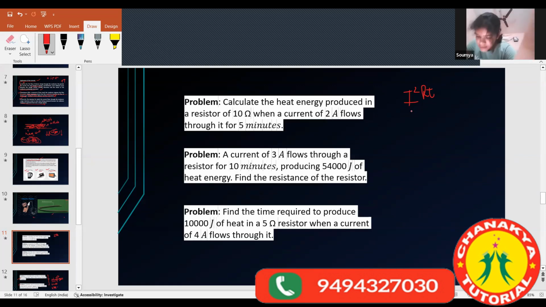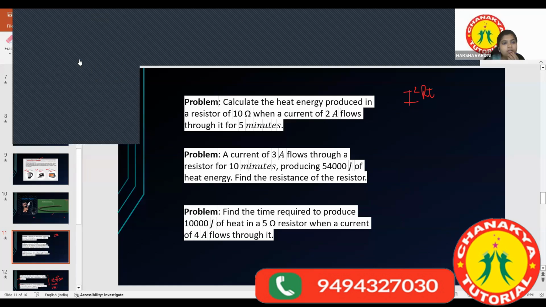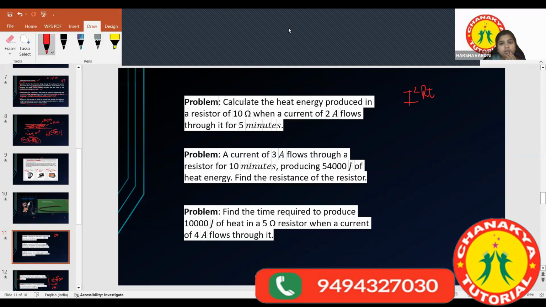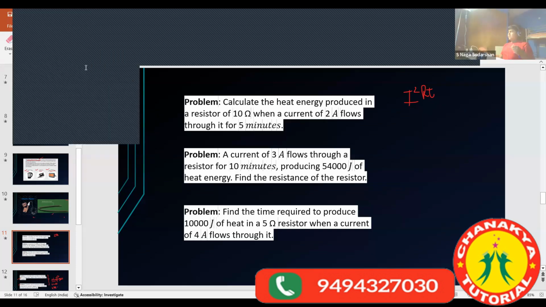Ma'am, I already sent the answer. For all the three you sent? No, ma'am, for the first one, I'm sending the last one. Nagasudarshan, completed the question? Yes, ma'am. Post the answer in the chat.